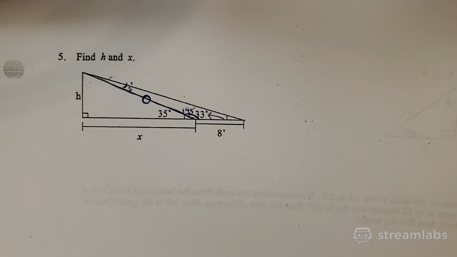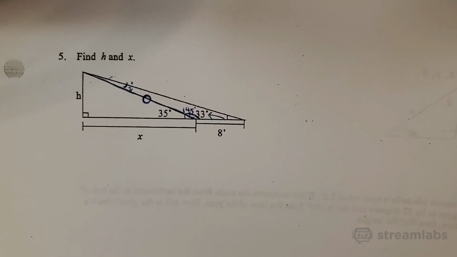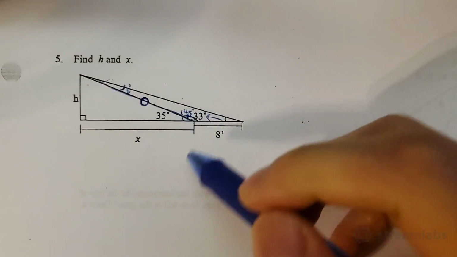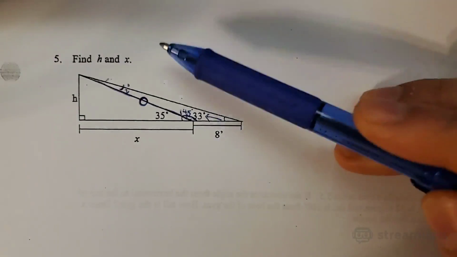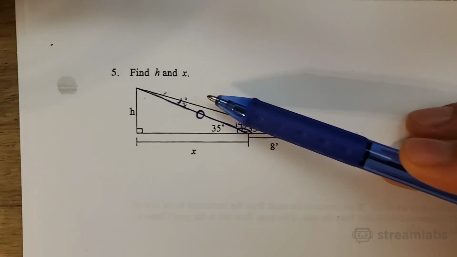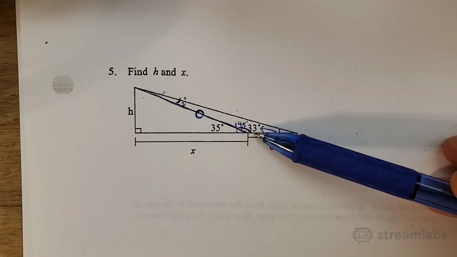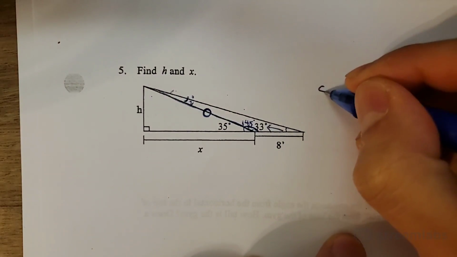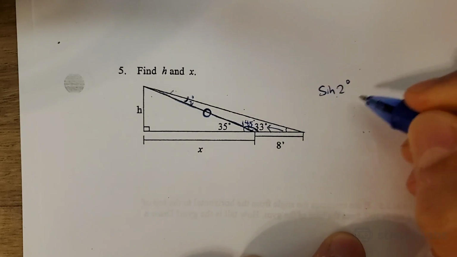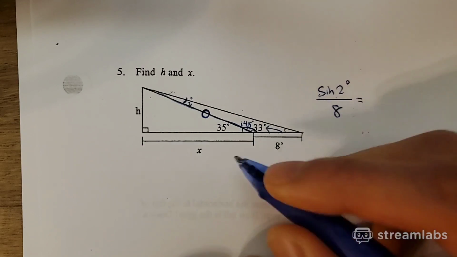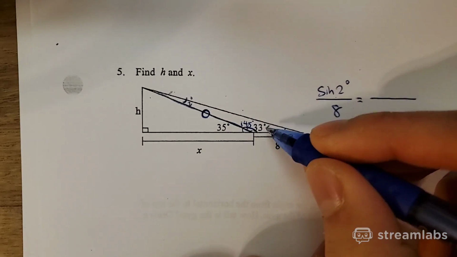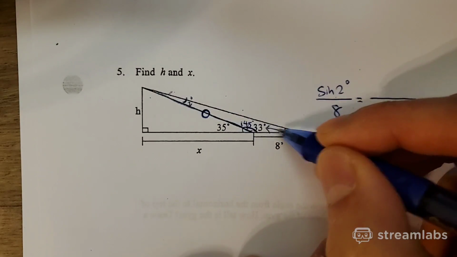We can now apply law of sine to do this problem. So you do law of sine here. I'll do this angle to this side. Okay, this angle to this side, so it'll be sine 2 degrees over 8 feet is equal to the other one known, 33 to that one.